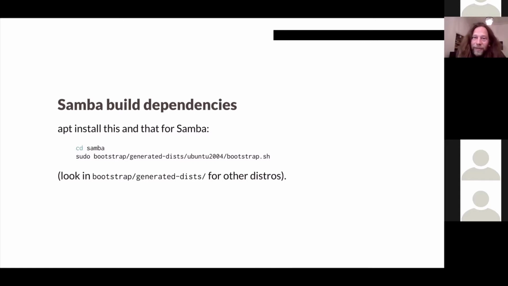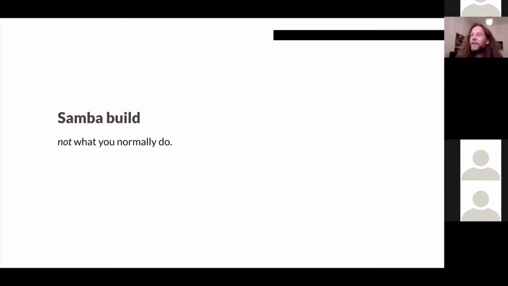But now we have a little script that does it for you. So once you have the source tree, you just run this Bootstrap script and you get everything you need, and that's fallen out of the CI builds because this is what the CI does.